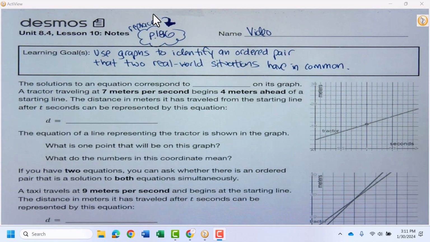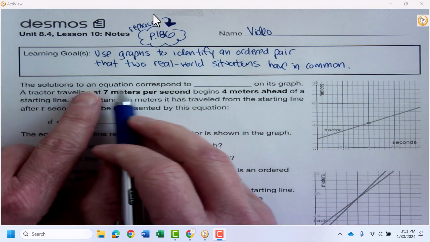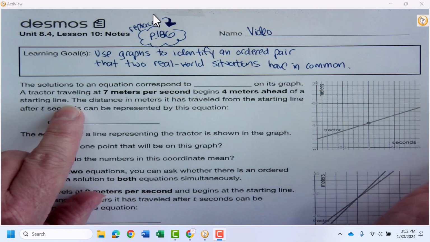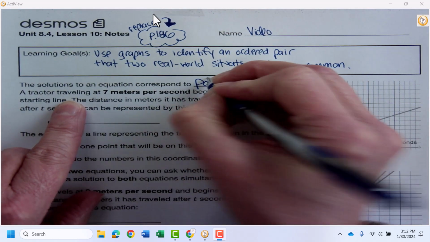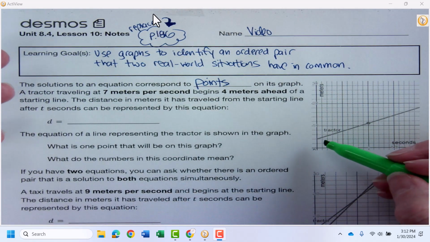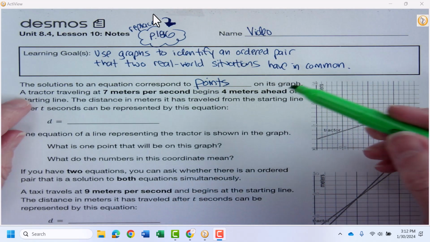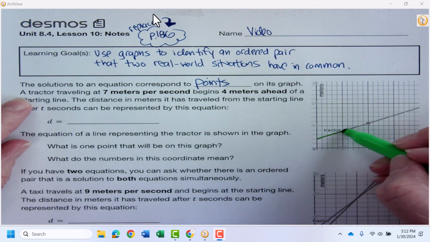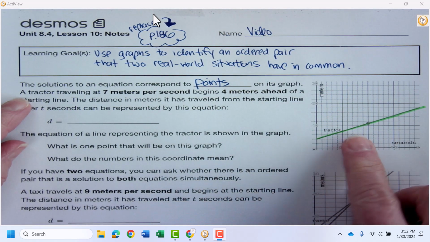All right. So when I talk about solutions to an equation, the solutions to an equation correspond to points on its graph. In the lesson recording, there was an equation for the graph of a tractor and a taxi, if I remember right. And here we have the equation graphed for how far a tractor is going over any given number of seconds.